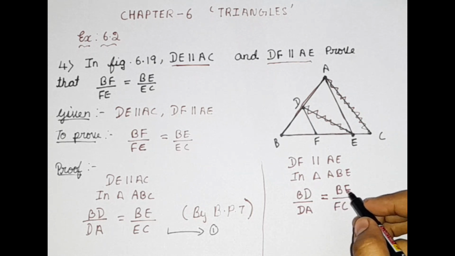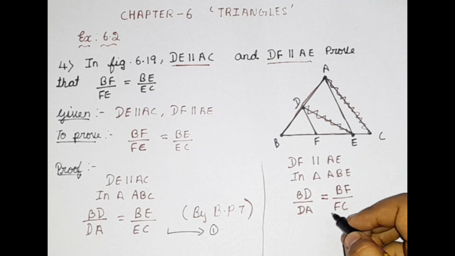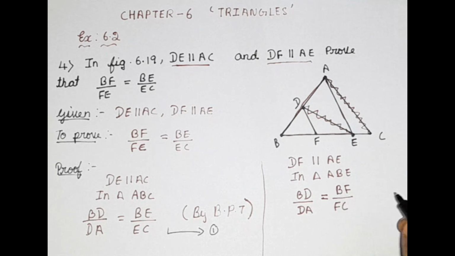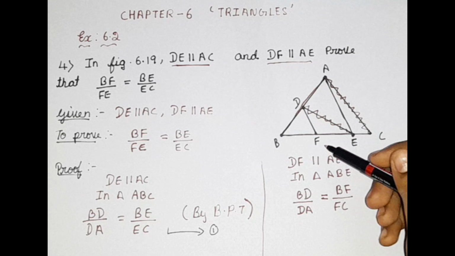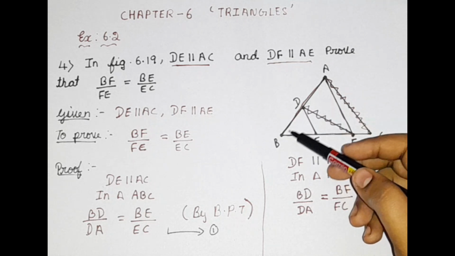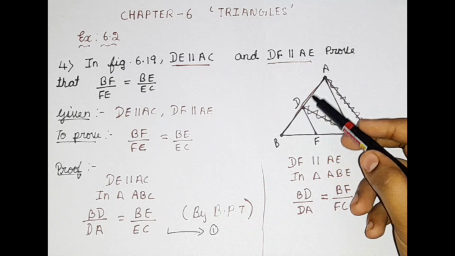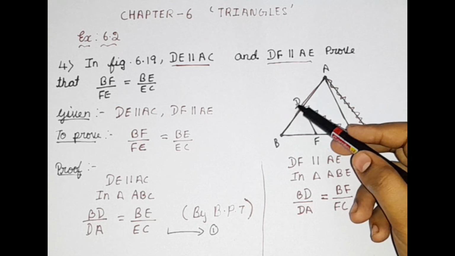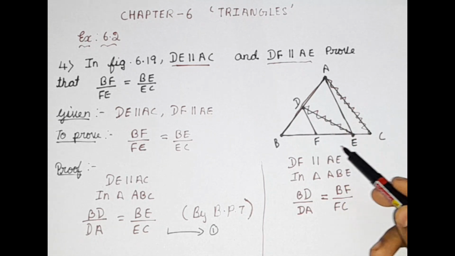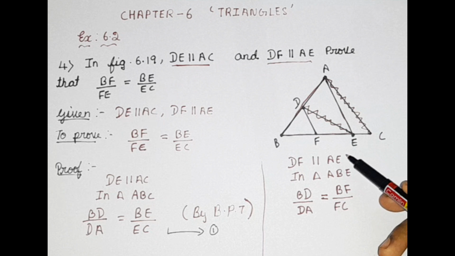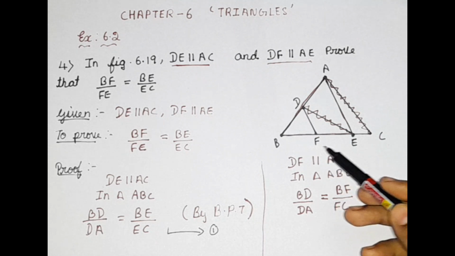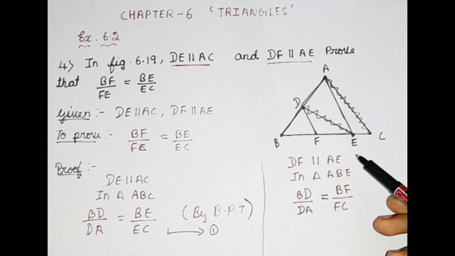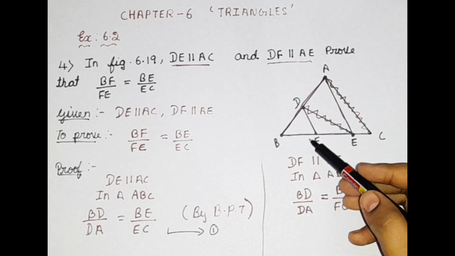We are supposed to note this down over here. This is really important, so please be careful in this part. Here it's okay, because in BD by DA we have only one value, that is D. But here we have F and E. So you might be wondering whether we should take F or E while applying BPT. We are supposed to take F.